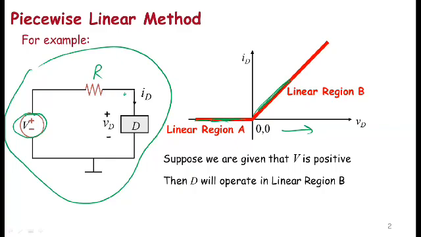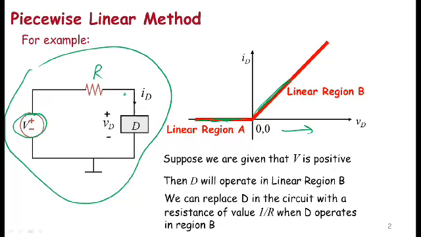And so if D operates in linear region B, then I can replace D in the circuit with a resistance of value 1 by R when D operates in linear region B. Let me just make it 1 by RD to distinguish it from the other resistance. If the slope of this line is 1 divided by RD, then I can replace the device with a resistance RD for the purposes of calculating parameters related to the circuit when D operates in this region.